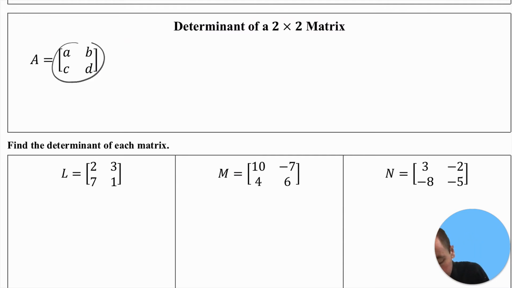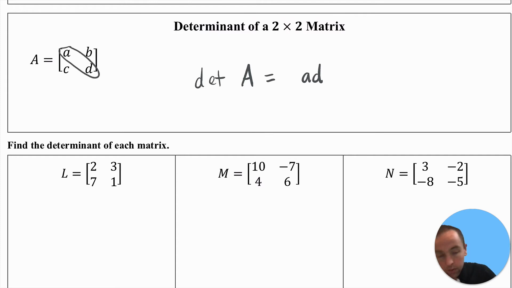If the elements are labeled as I have it, then the determinant of that matrix, and I'll put capital A because that's the name of the matrix, will be taking the product of A times D. What's happening there is you're taking the product of the two numbers in that diagonal, which we consider to be the main diagonal of the two diagonals.